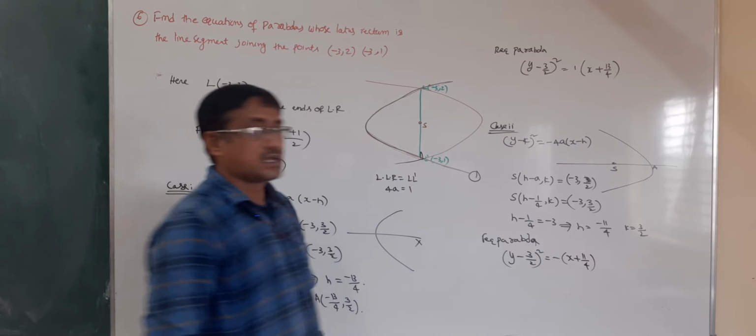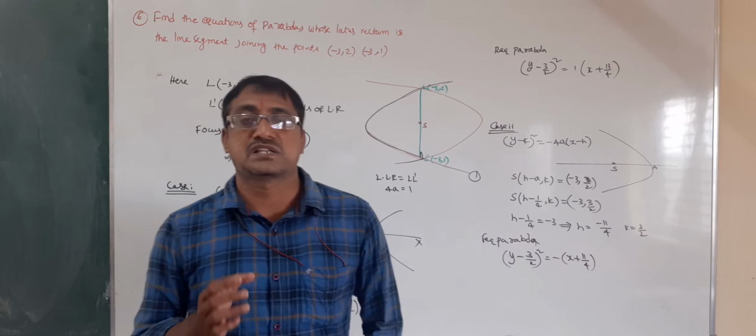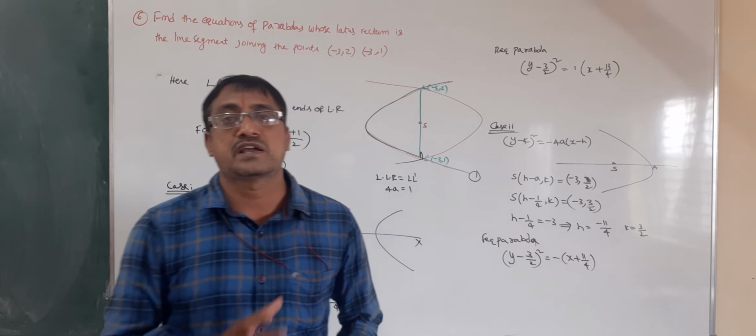This is the required parabola. So if you know only the length of the latus rectum or the ends of the latus rectum, you can draw two types of parabola.